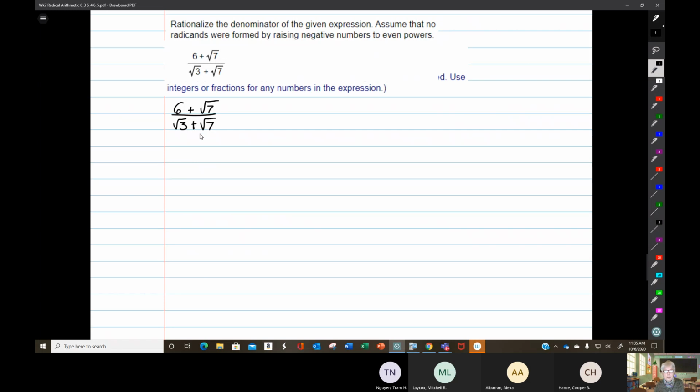Now I have to rationalize the denominator. Times the conjugate of this, which will be the square root of 3 and the square root of 7, but this is a plus, so this has got to be a minus.